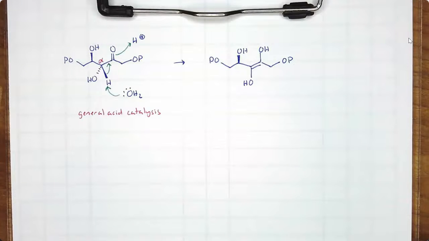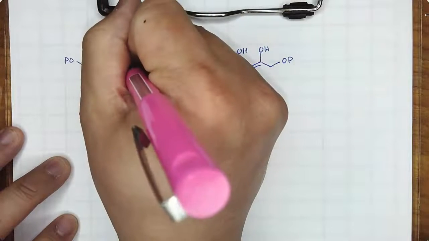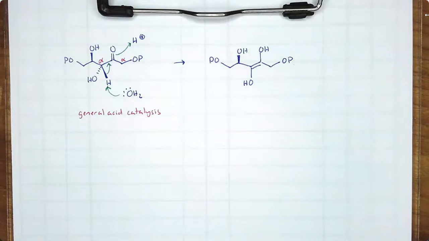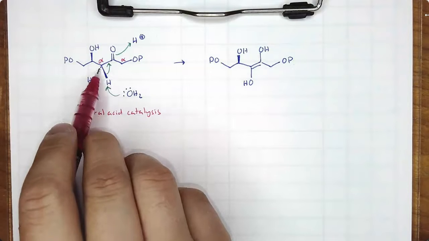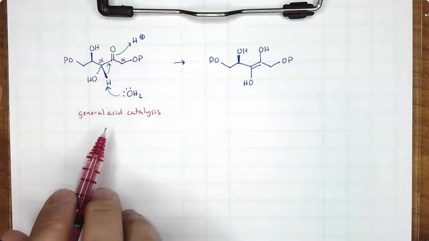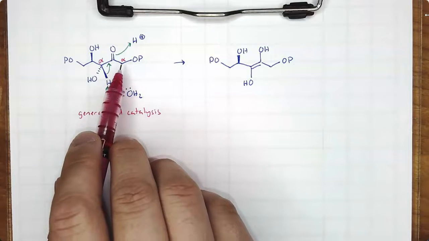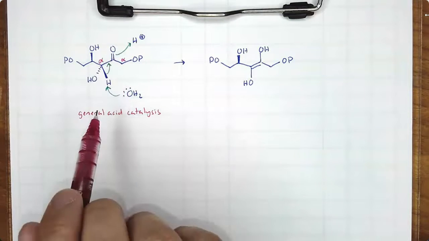Okay, I started on a new sheet of paper because these are pretty big molecules and it is a lengthy mechanism. Now I know I have 2 alpha carbons, but we are going to deprotonate at the alpha carbon on the left, the one in the middle. We're going through a general acid catalysis, meaning that we don't form separately the protonated carbonyl.